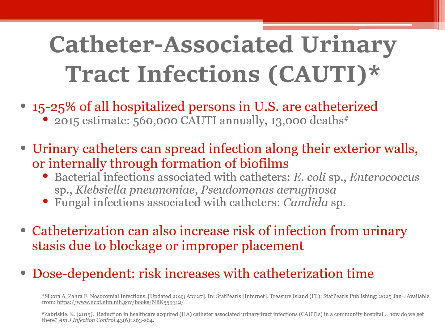Whereas when you put a non-organic, non-living plastic tube up through a urethra, that's a material that cannot mount an immune response. And so urinary catheters can spread infection a couple different ways. One, if their exterior walls are contaminated with spores, like we talked about before with C. diff, but also internally, because biofilms tend to form on the inside of urinary catheters.